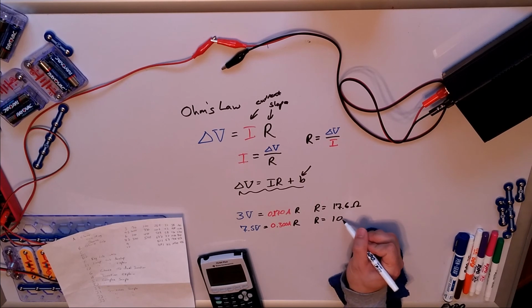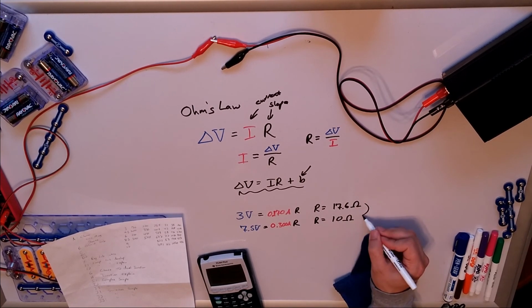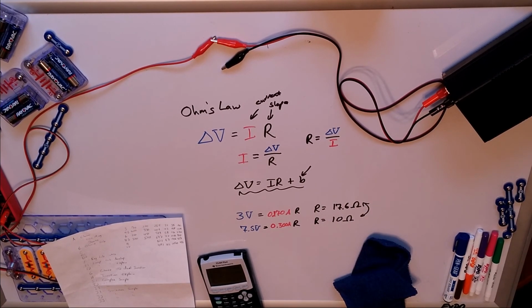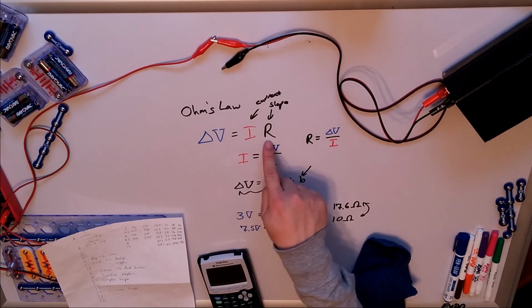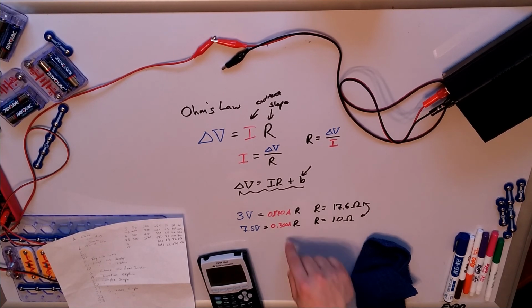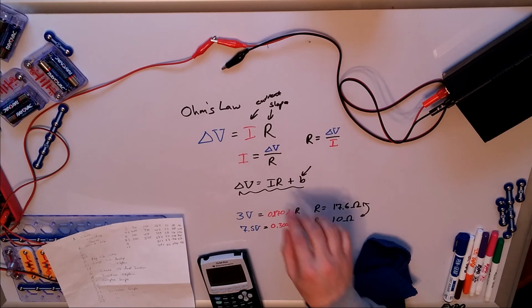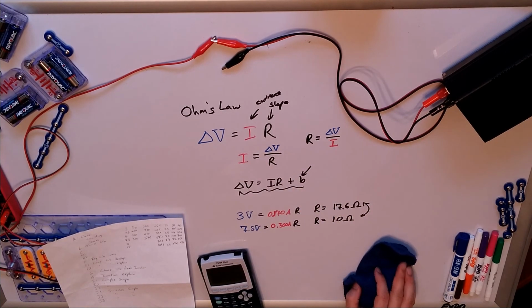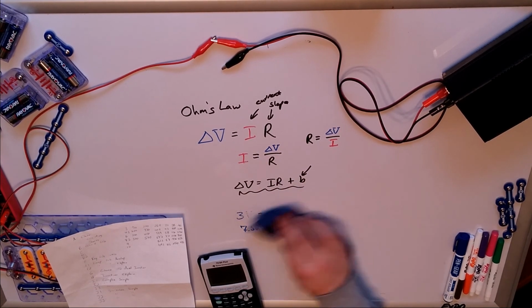We're getting a variable answer. We're not getting the same resistance each time. This is because Ohm's law has no y-intercept. What we saw when we graphed it was, yes, it was a linear relationship, at least in the region we were looking at, but it did not go through the origin. And therefore, this cannot be properly predicted by Ohm's law, making it a non-ohmic resistor.